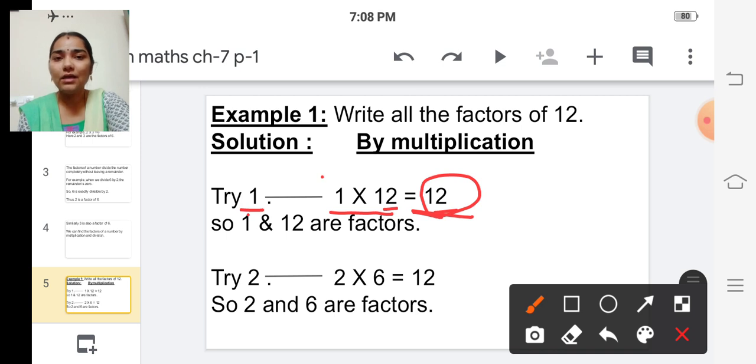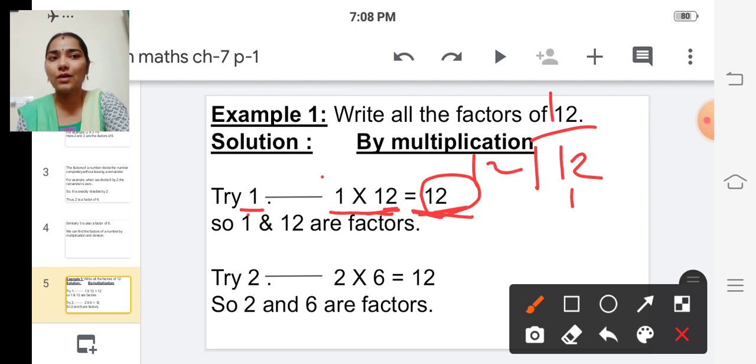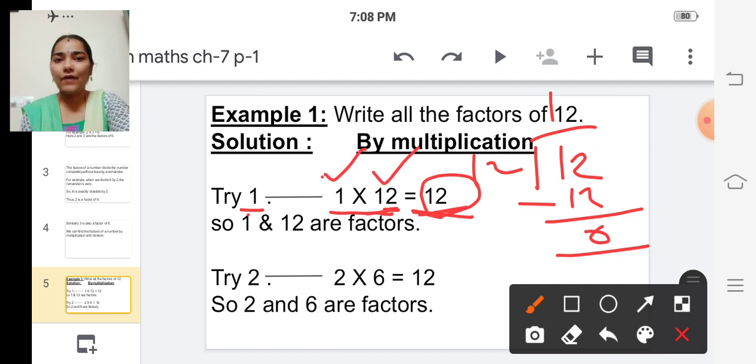If we divide 12 by 1, then we will get 0 as the remainder. And if we divide 12 by 12, then 1 12s are 12. So we'll get 0 as the remainder, isn't it? So 1 and 12 are factors of 12.